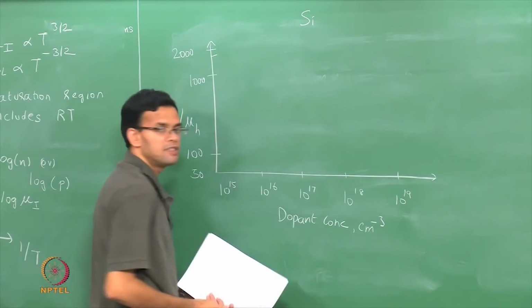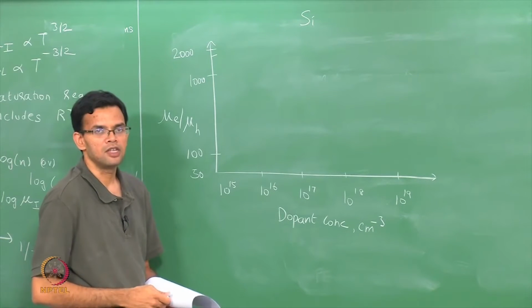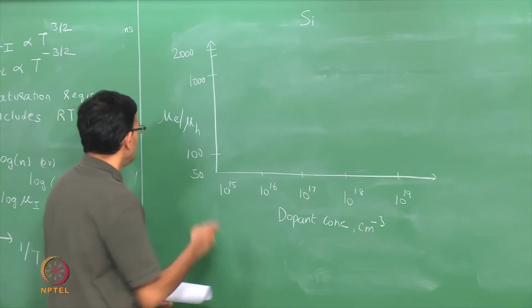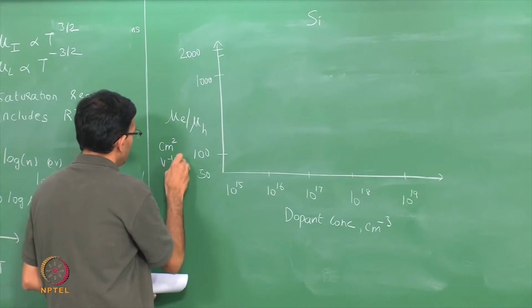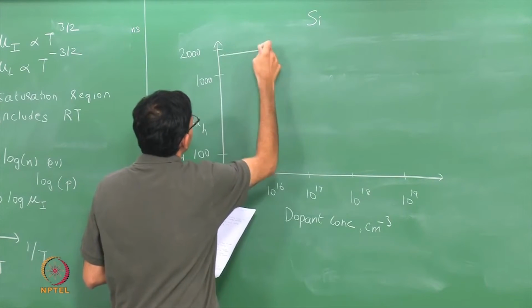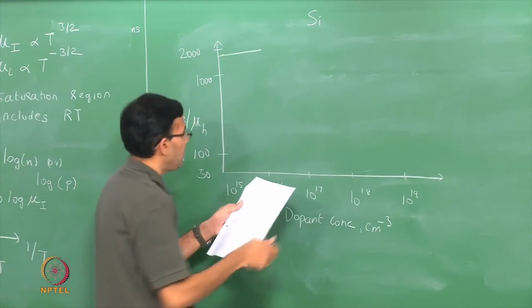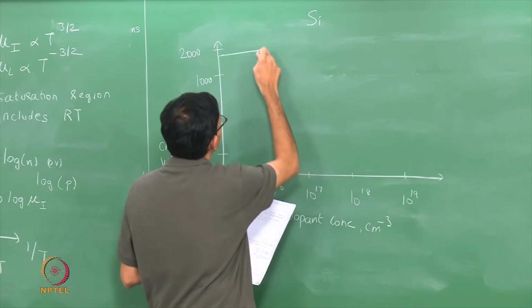In the case of silicon at room temperature, mu e for intrinsic silicon is around 1350 centimeter square per volts per second. So, let me just write down the units here, centimeter square per volts per second. So, it starts off high. Initially your mobility is more or less a constant, and then as your dopant concentration increases, the mobility starts to drop.